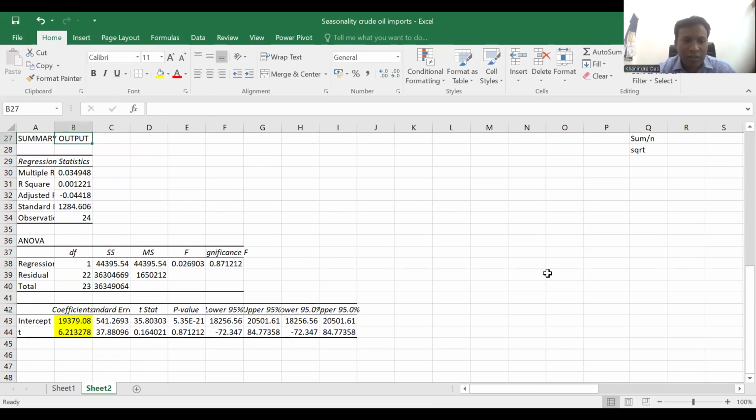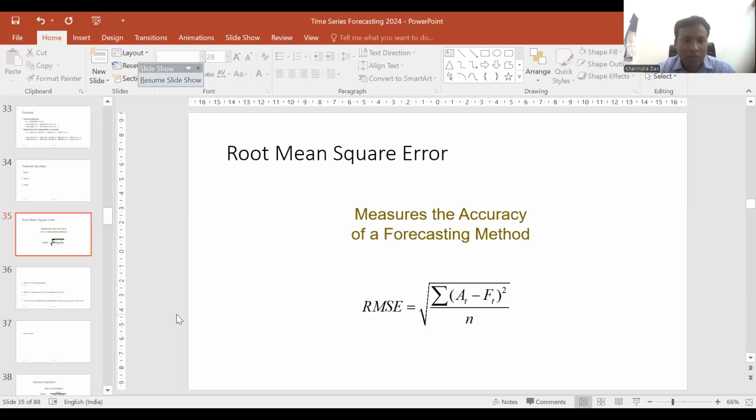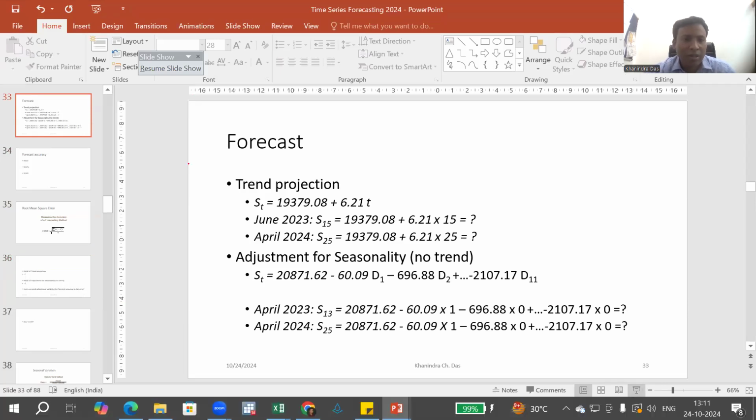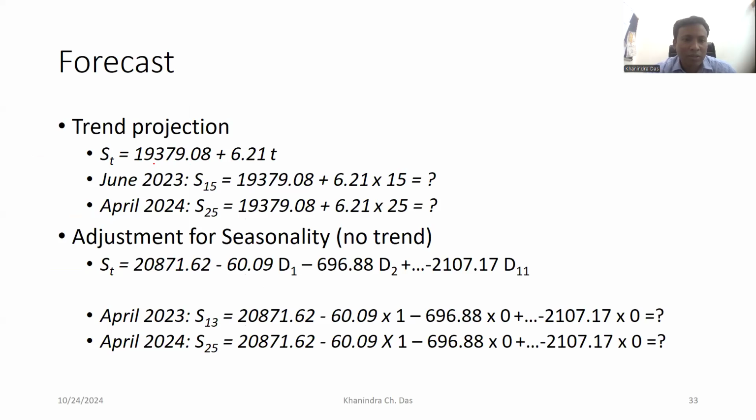So 19379 and 6.2. Let's see on a slide if that is the case. Right, 19379 and 6.2.